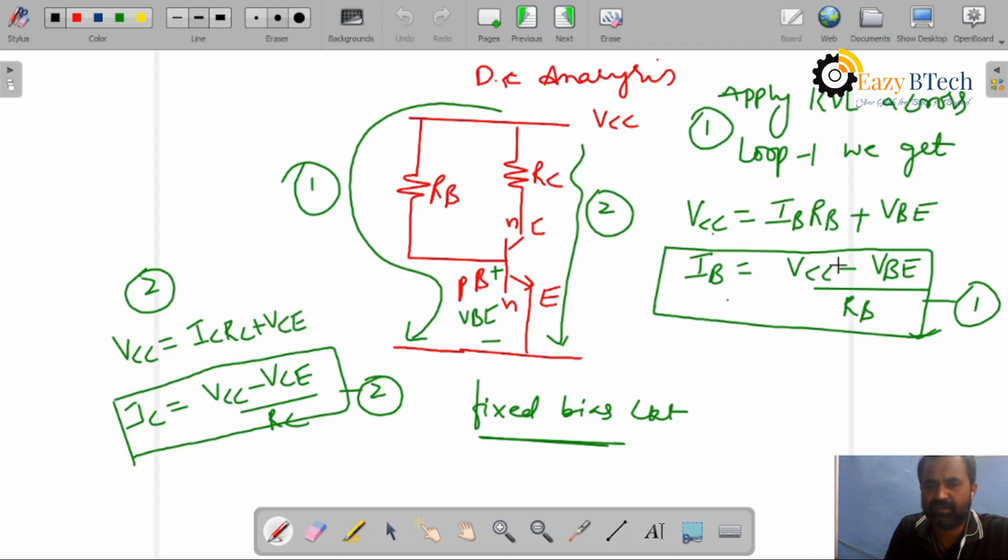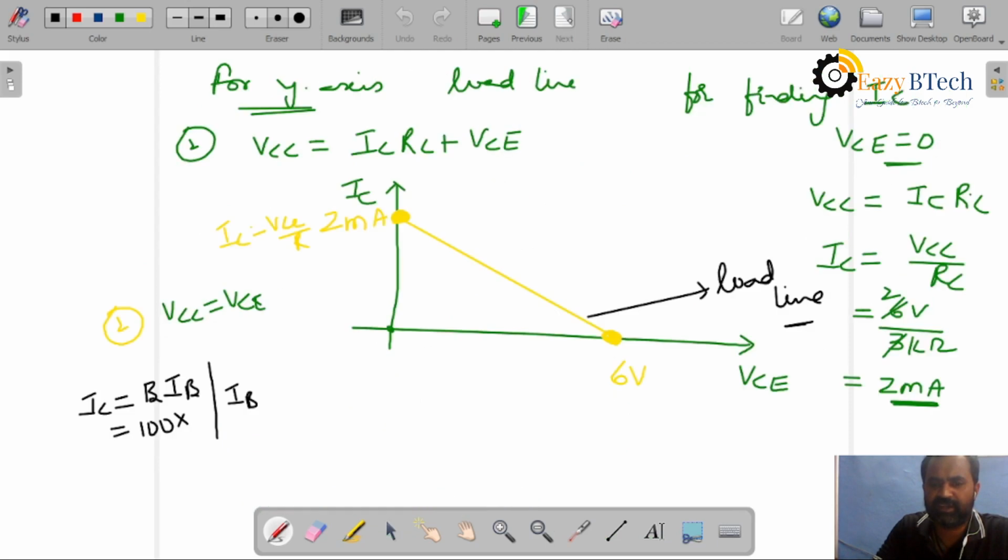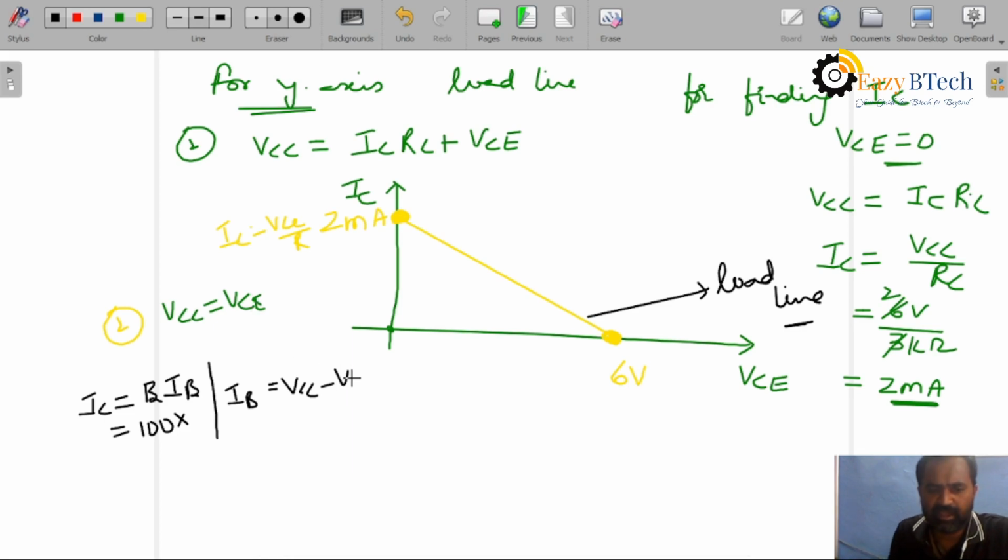Now from these expressions you can find the value of IC. IB is equal to VCC minus VBE by RB. Now you will get IB. IB is equal to how much? VCC, how much? That is 6 volts. 6 minus VBE, VBE 0.7, by RB. RB is 530.